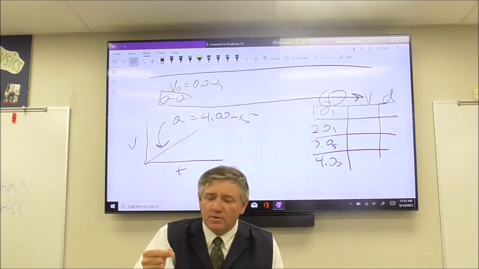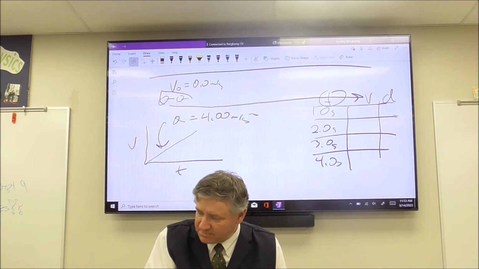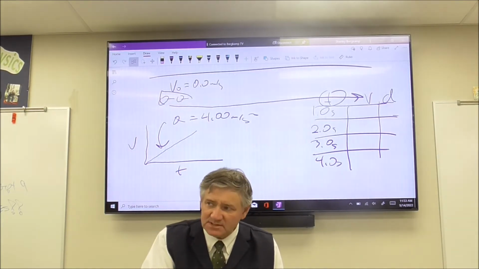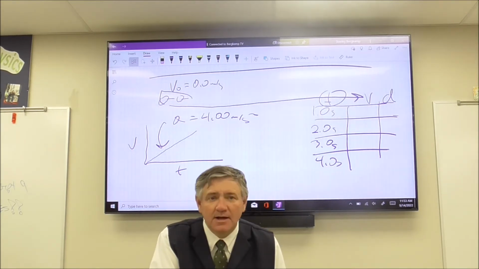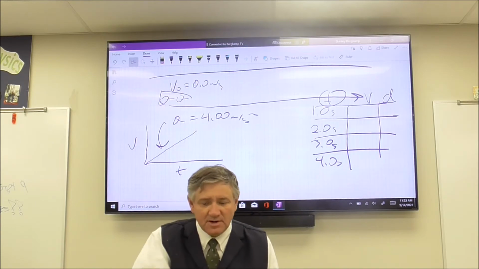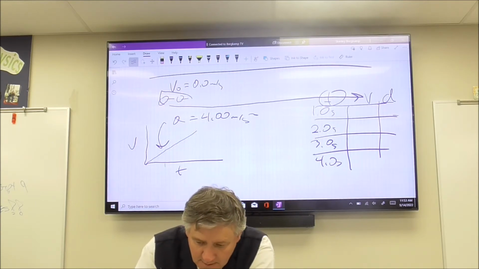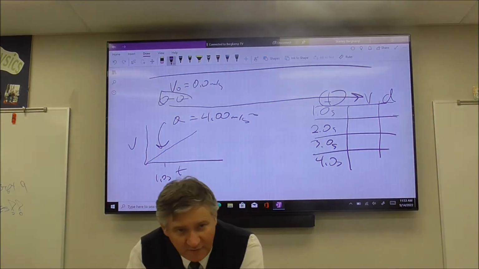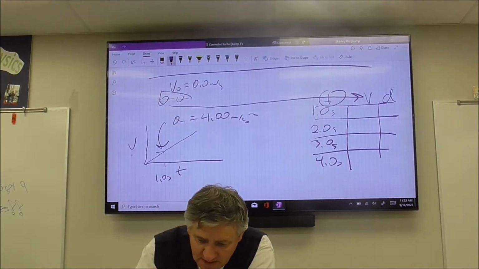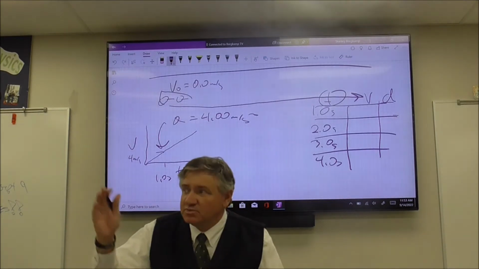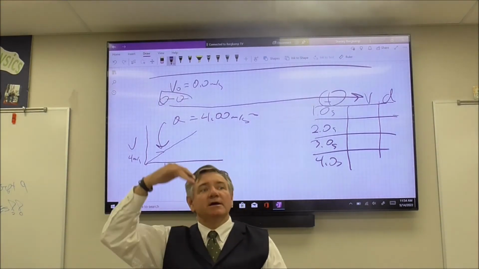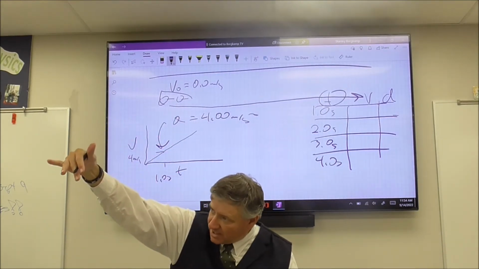When you see an acceleration of 4 meters per second squared, what we're saying is that for every second that goes by, the velocity changes by 4 meters per second. So if you start at 0, at the end of 1 second, how fast are you going? 4 meters per second. That's what that number means: for every second that goes by, it increases by 4 meters per second.